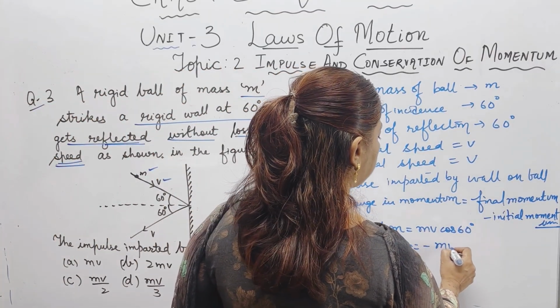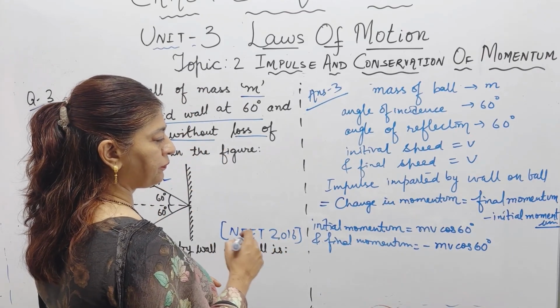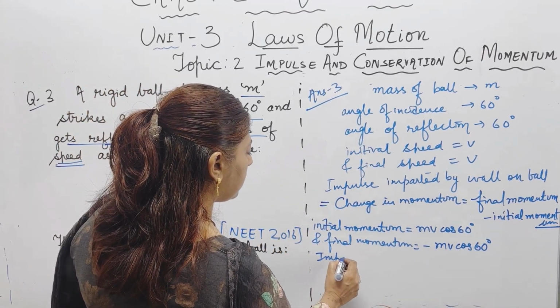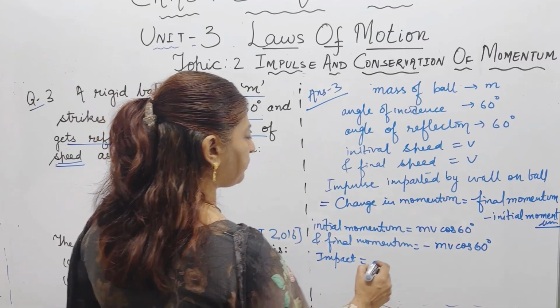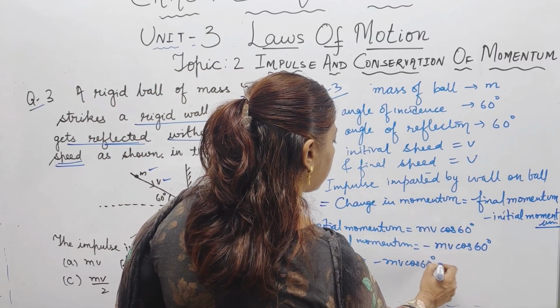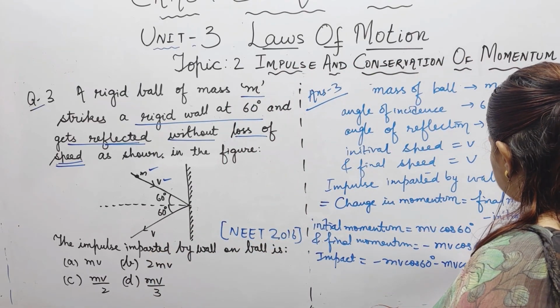So it is given by minus mv cos 60 degree. So putting this value, the impulse is equal to minus mv cos 60 minus mv cos 60.